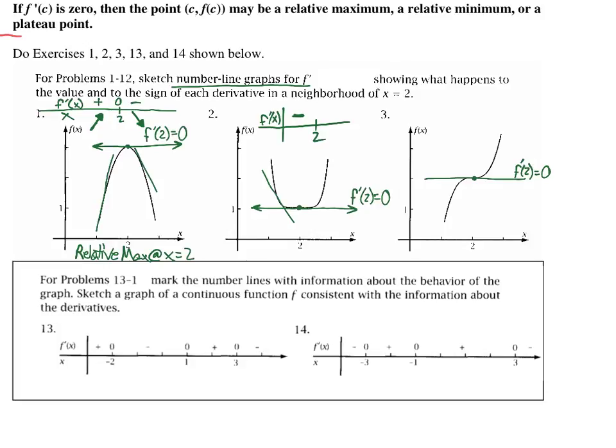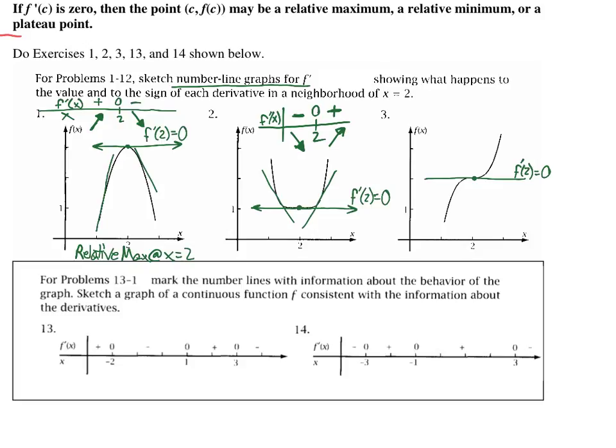So that's the value of x. The derivative is 0 at that point because the tangent's horizontal. But now we start to increase on the right-hand side. Our derivative is positive. All right, and we can see here the function is decreasing. Then it levels off at 2, and then it's increasing.